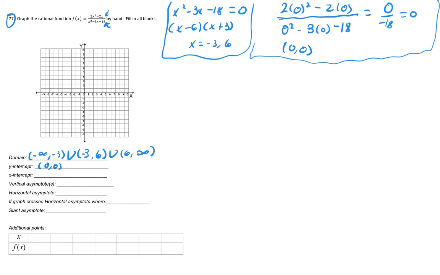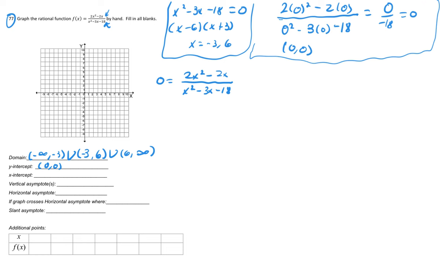X-intercept, that is where the function equals 0. So 0 is equal to 2x squared minus 2x over our x squared minus 3x minus 18. Since we already found our domain, as long as our top doesn't give us back negative 3 or positive 6, we can find x-intercepts.